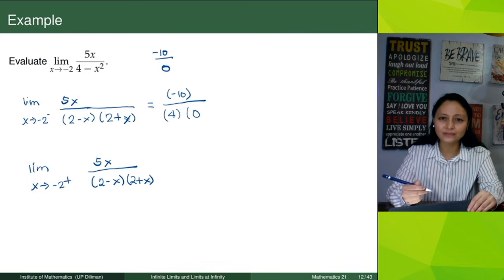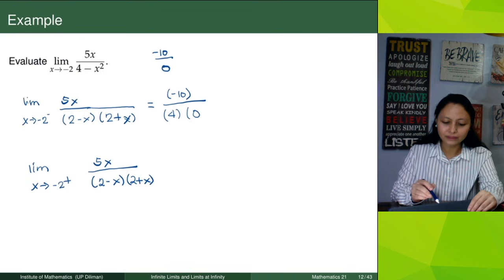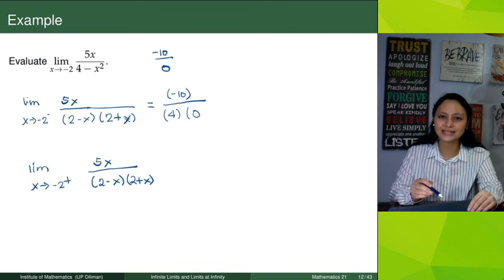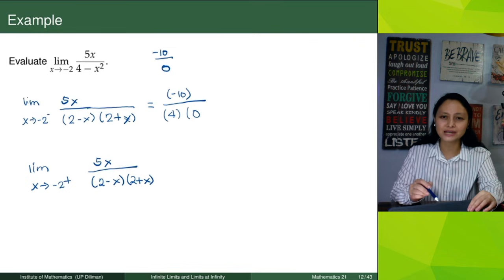So ito yung kailangan nating malaman if you're approaching 0 through positive or negative values. Sige, tingnan natin. You're approaching negative 2 from the left, or through values less than negative 2. You can choose a number less than negative 2, yung malapit lang ha. For example, negative 2.1 plus 2, that's negative 0.1.